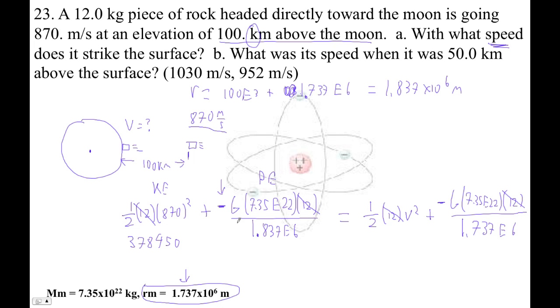And then this guy is the opposite of 6.67 E minus 11 times 7.35 E22 divided by 1.837 E6. So that term is, ooh, that's a big term, negative 2.668 E7.